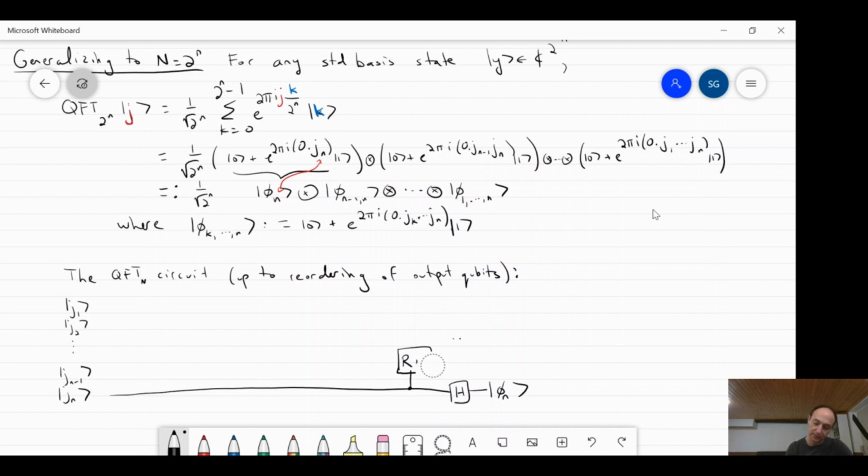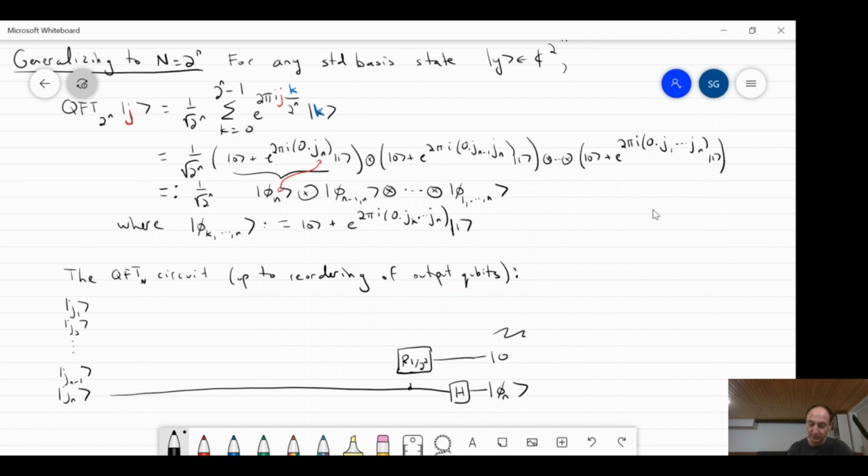Starting to lag again. Let's just give it a moment. There we go. Okay, good. So there's R1 over 2 to the 2, so R1 over 4.